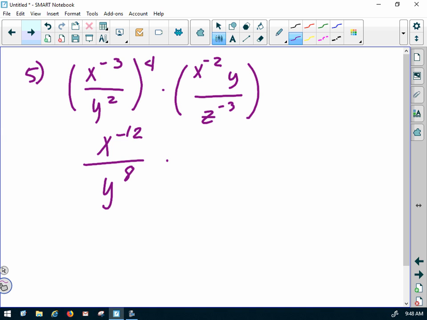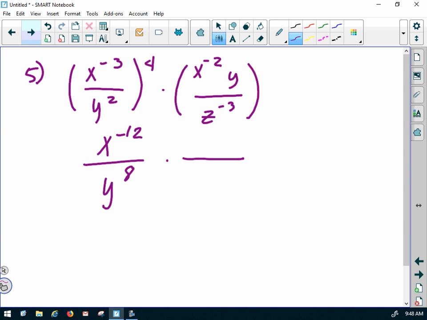Okay, look at the second fraction. I'm not raising that fraction to a power. What we're going to do is start looking at who's mad and who's going to the basement or who's going upstairs.